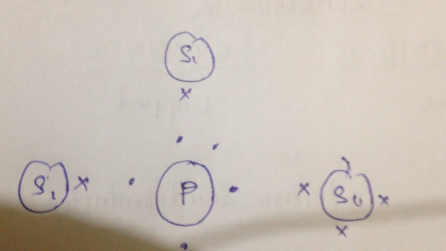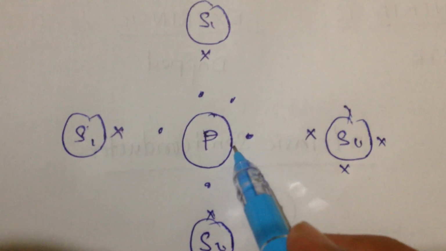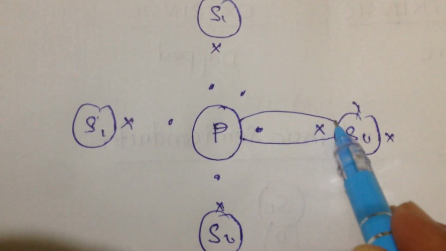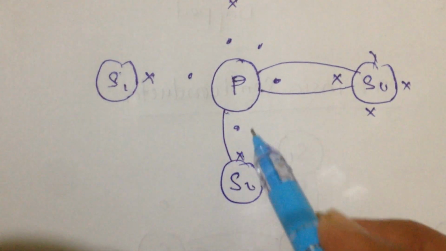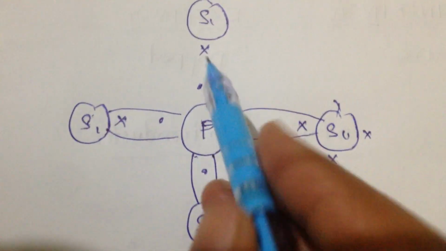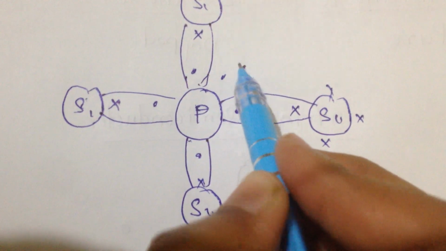These 4 electrons of the phosphorus make covalent bonds, sharing electrons with the adjacent silicon atoms, but still 1 electron remains left.